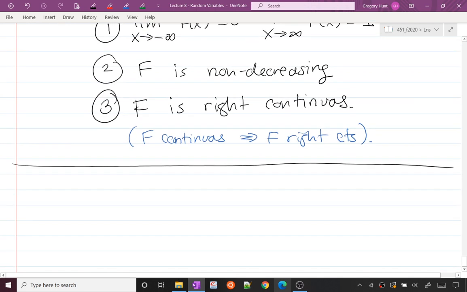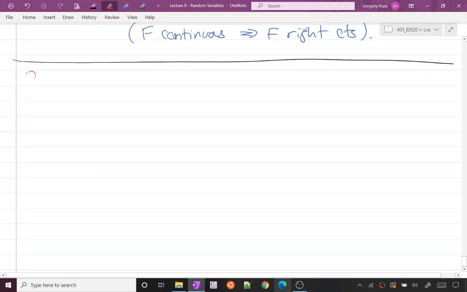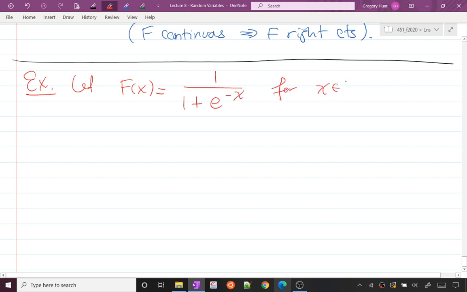So let's look at an example. Let f of x be 1 over 1 plus e to the negative x for all real numbers. That's our f, function, question. So this will often be posed as, is f a valid, put that in scare quotes, CDF?